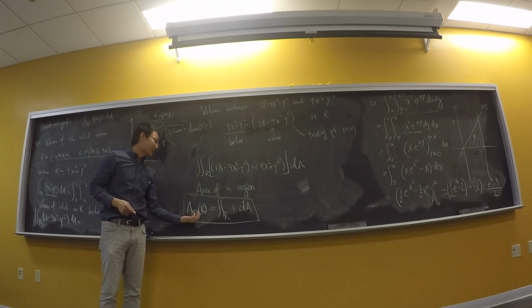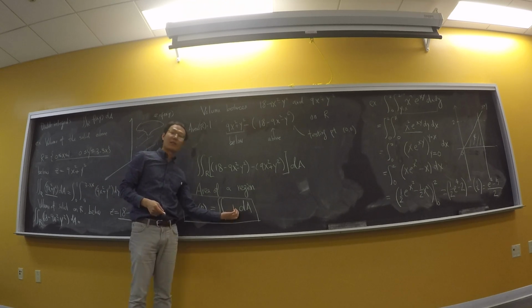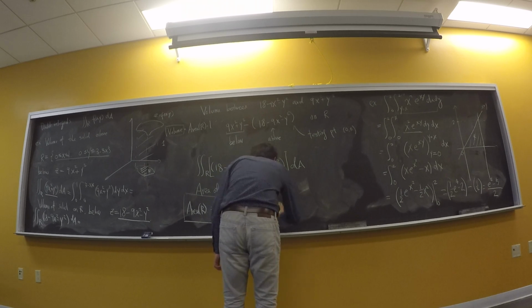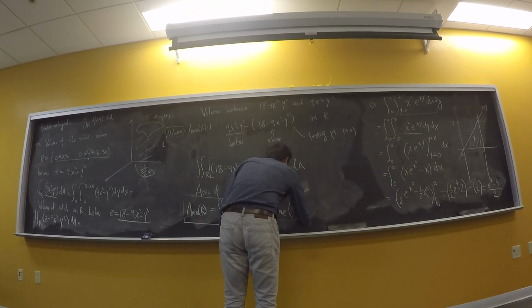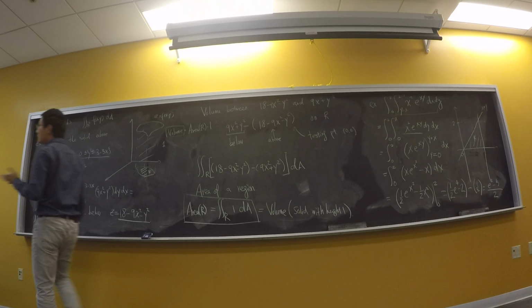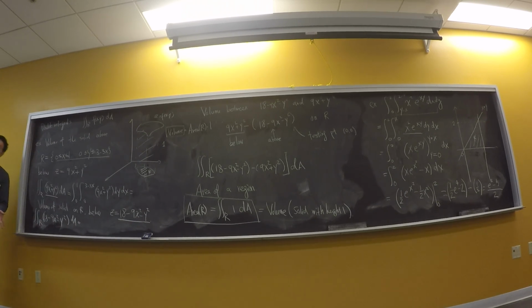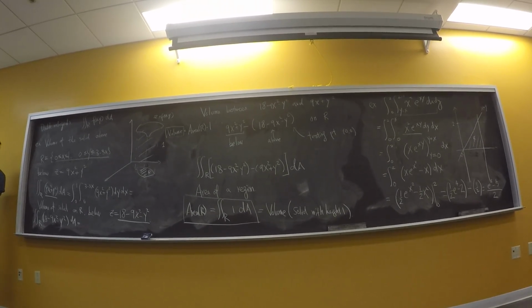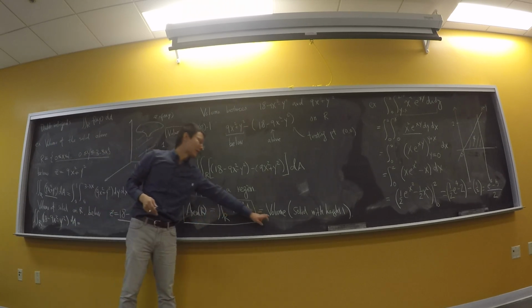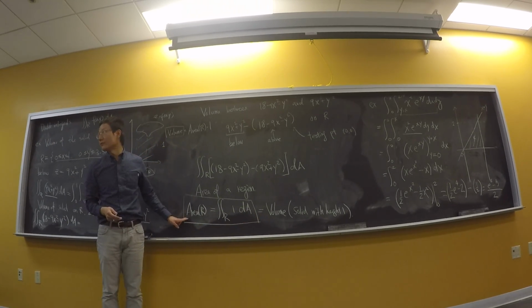So the area is exactly equal to the double integral of the constant function 1 as the defining function for the surface, which is equal to the volume of the solid with height equal to 1. Okay, so you can call it a coincidence. This is saying the volume of a solid built upon a region with constant height 1 is exactly equal to the area. And because I know how to evaluate the volume, I will be able to evaluate the area. Okay? Are you with me?